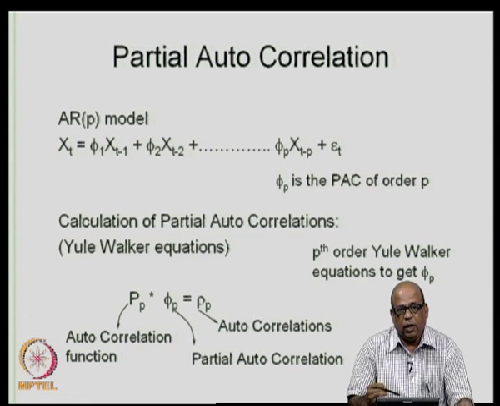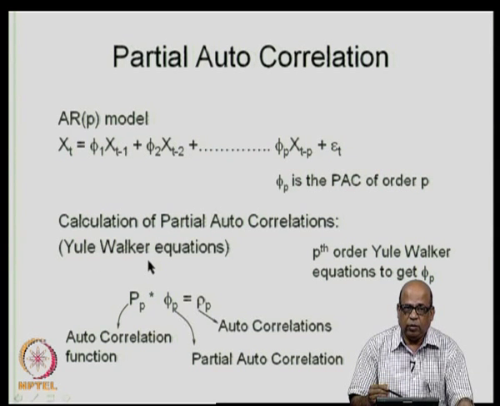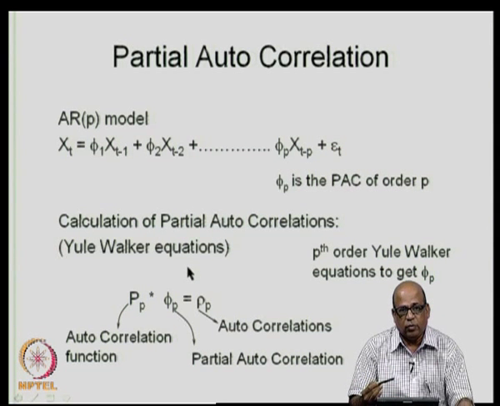There is an elegant way of estimating the partial autocorrelations. We have introduced earlier, in one of the earlier lectures, the Yule-Walker equations. We use the Yule-Walker equations to obtain the phi p, or the partial autocorrelations.